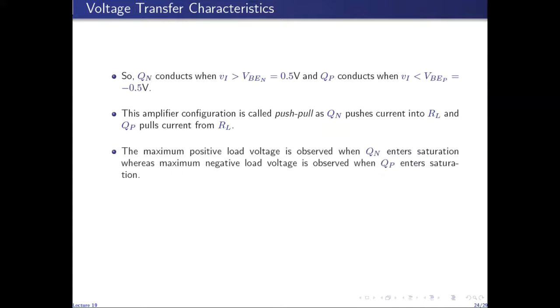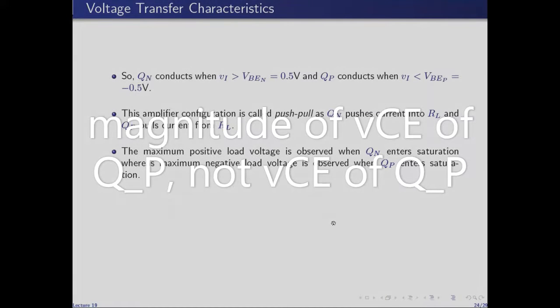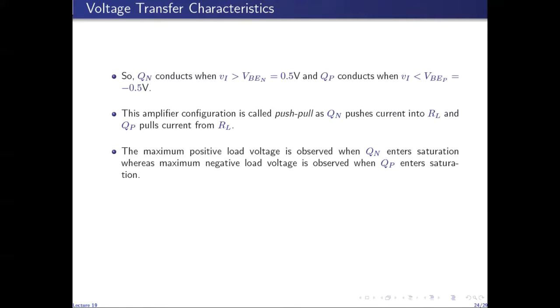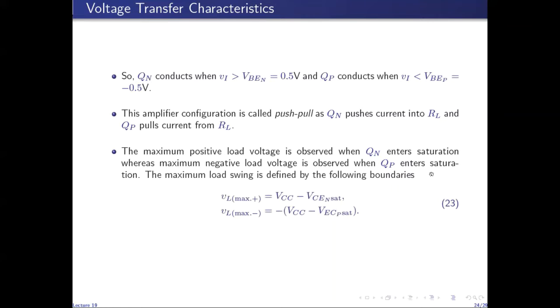The maximum load voltage is observed when Q1 enters saturation, just like the class A amplifier. As the load voltage increases, the VCE of QN will decrease, and the maximum of the load voltage will be observed when QN enters saturation mode. Similarly, as the load voltage increases in the negative direction, VEC of QP will decrease, and the maximum negative load voltage will be observed when QP enters saturation mode.